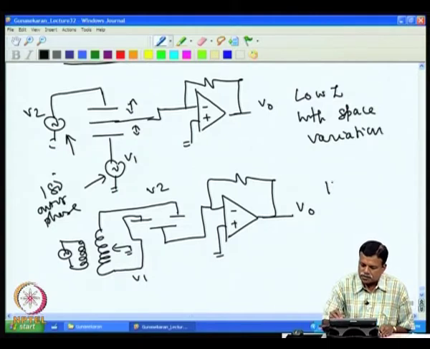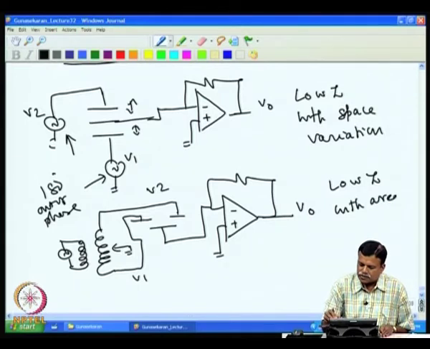This is high Z, low Z, and this is again low Z, the low impedance, low Z with area variation.